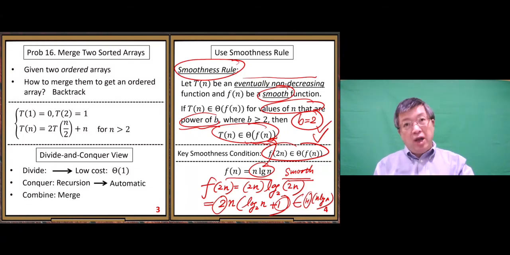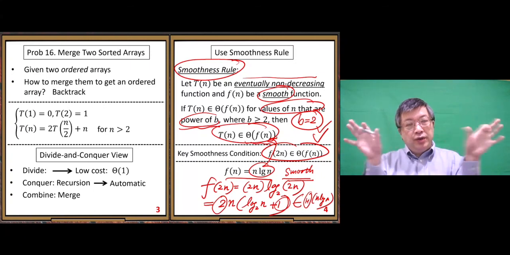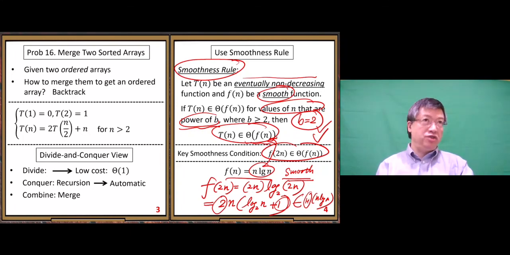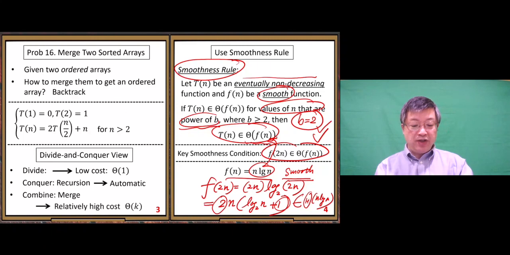Then the combine step: combining 2 sorted subarrays, that's the merge step. What is the cost of the merge step? It depends on your data size.